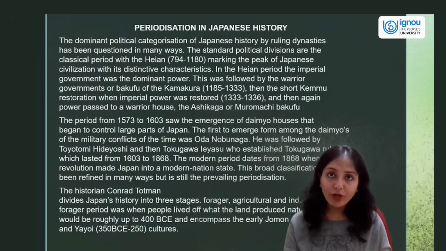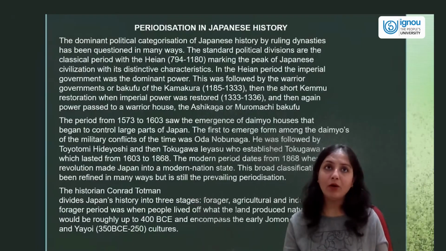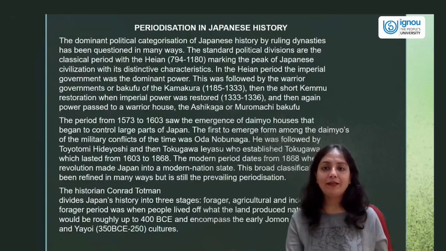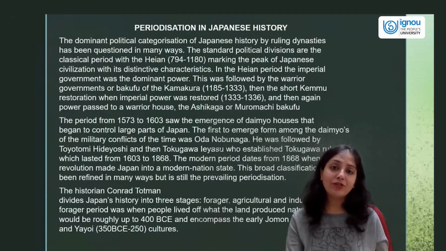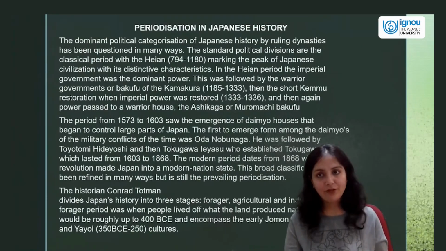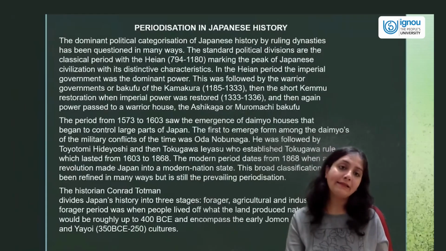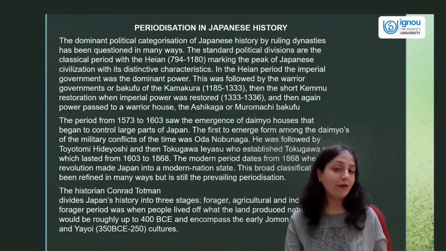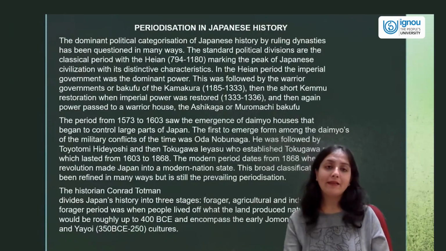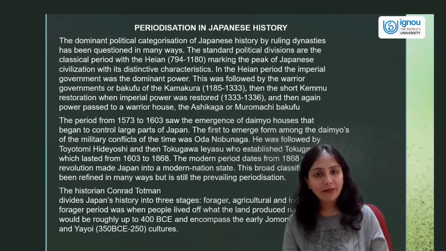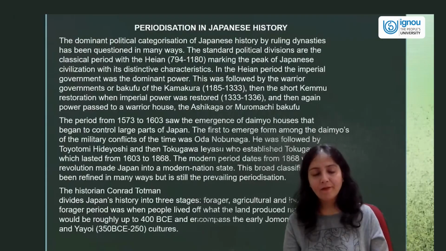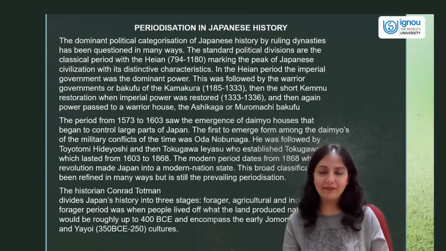Just like in Indian history, the most ancient civilization we talk about is the Indus Valley civilization, so is the Heian time period, 794 to 1180, marking the peak of Japanese civilization with its distinctive characteristics.